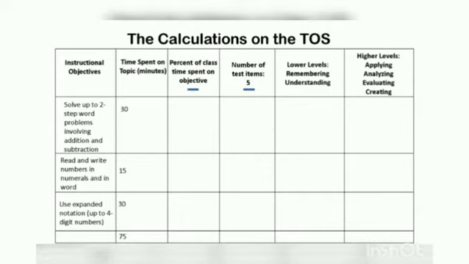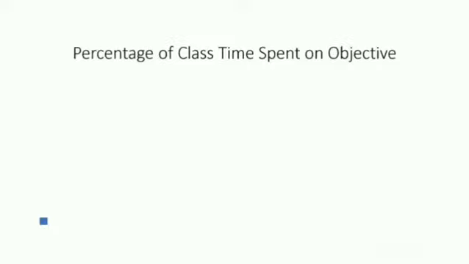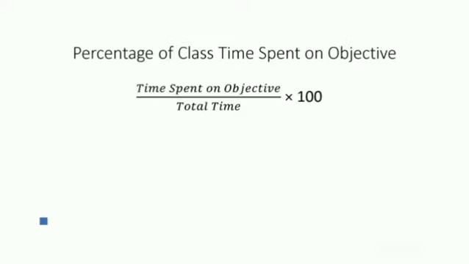Let us talk about how to calculate the percent of class time spent on the objective. So this is how we calculate the percentage of class time spent on the objective or the topic. So we're going to use this formula: time spent on objective divided by total time multiplied by 100.